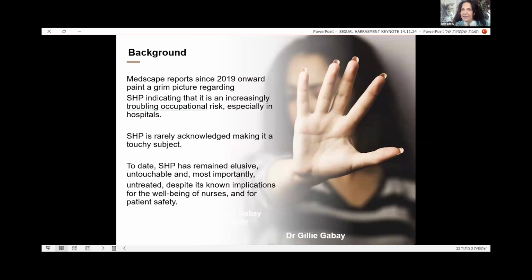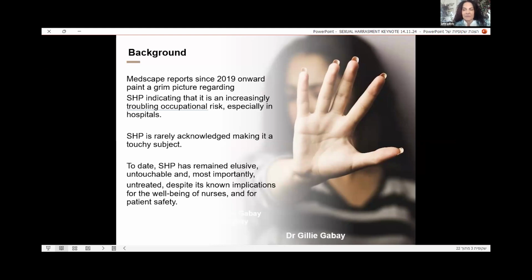What is the prevalence and what can we find about sexual harassment against clinicians? The Medscape reports that are coming out every year paint, since 2019, the beginning of the COVID pandemic, a very grim picture regarding the phenomenon of sexual harassment against clinicians, indicating that it's a very troubling occupational risk, especially in hospitals.